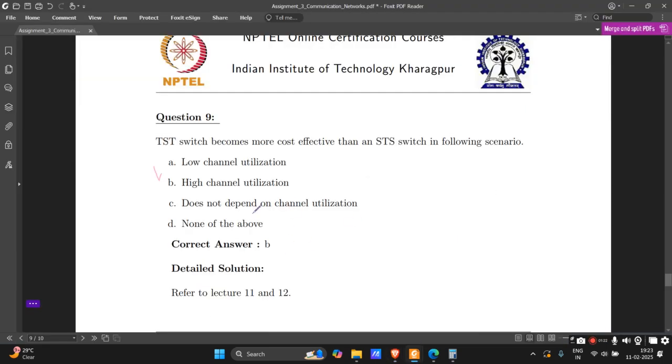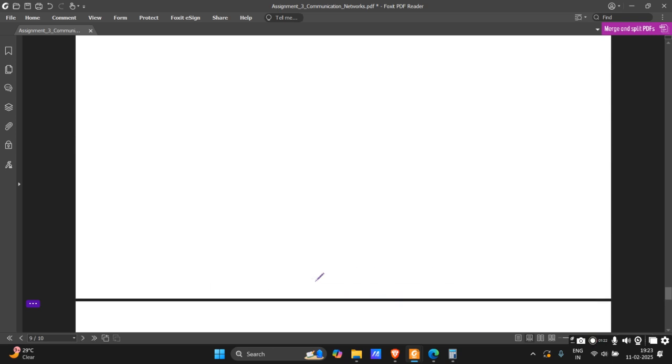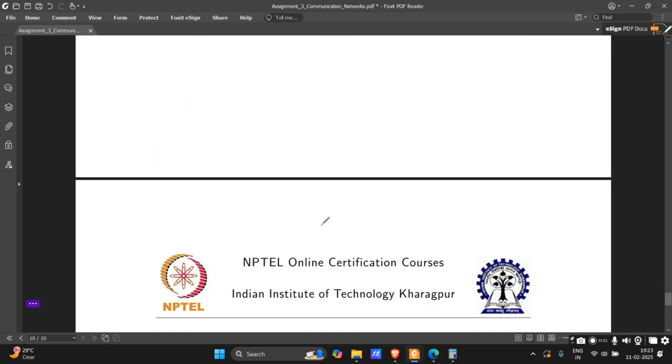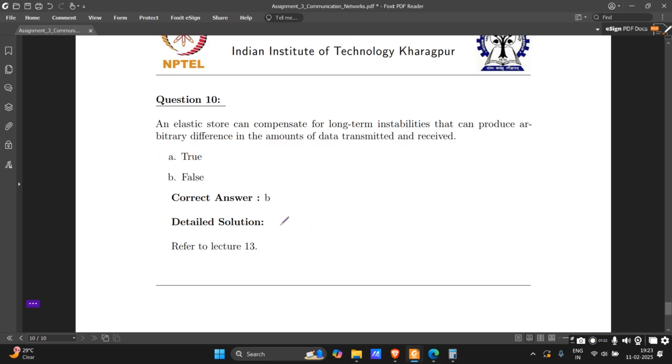So TST is better. The correct answer is high. In high channel utilization scenarios, TST has a lower complexity as compared to STS.